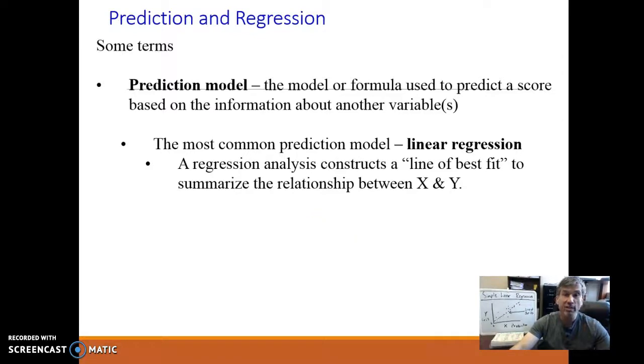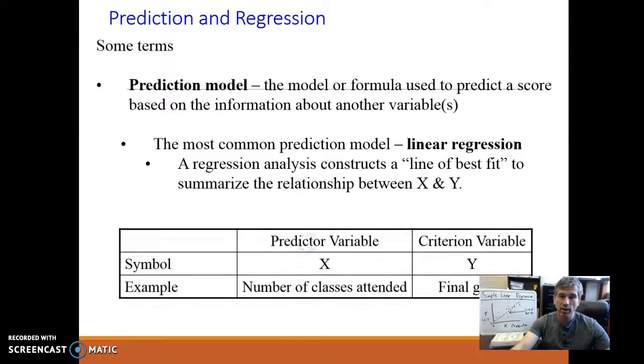But a regression analysis at its heart creates that line of best fit that sums up how x and y are related. And then we use that line. You can do it visually by just placing a point on that line, or you can do it mathematically, as we'll learn how to do later, to make predictions about y scores on that criterion variable that aren't yet known.